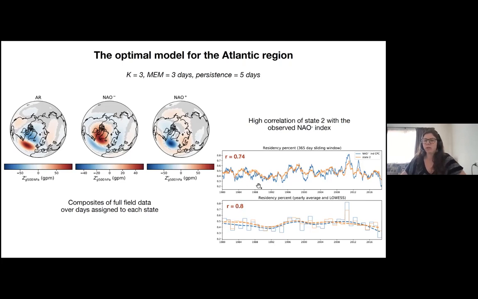We compare in 2 different ways, like the residency percent: the number of days that the index was in the NAO minus state and the number of days that the clustering model wanted to put the data in the NAO minus state, the second state. We compare those and we get high correlation to that index. So this is basically saying we're happy with the optimal model that FEM-BV-VAR fit.